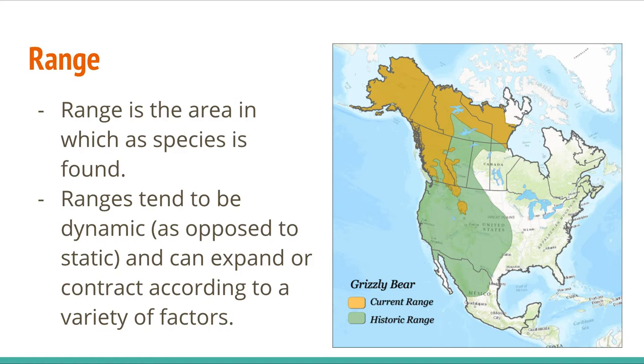The diagram we have here is a telling diagram. It is the change of the grizzly bear's range in North America over time. So the historic range, which you can quite easily read as the pre-European settler range, went all the way down to Mexico and pretty much made it to the Mississippi in the US and easily into Saskatchewan in Canada.